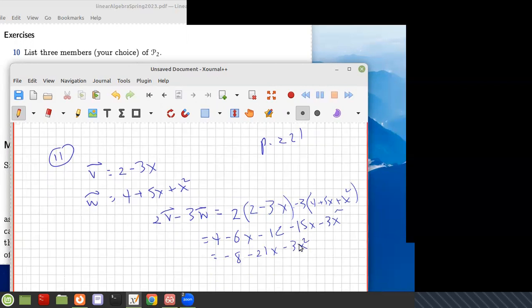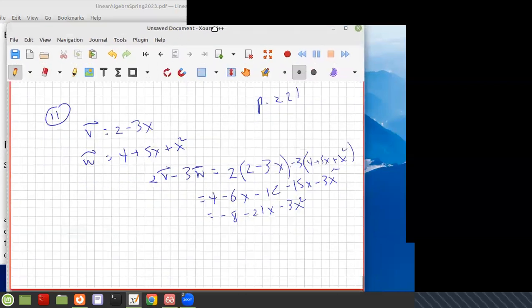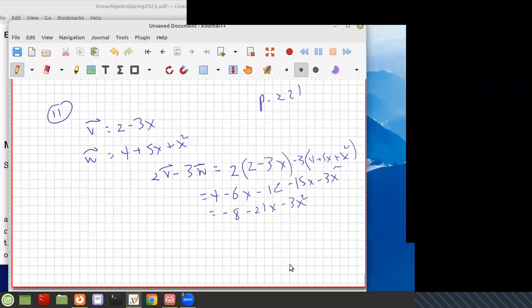Now, if your answer differs, who made the mistake? Is this algebra correct? Did I do something wrong? Let's see. The constant term is going to be 4 minus 12, which is minus 8, so this looks okay.